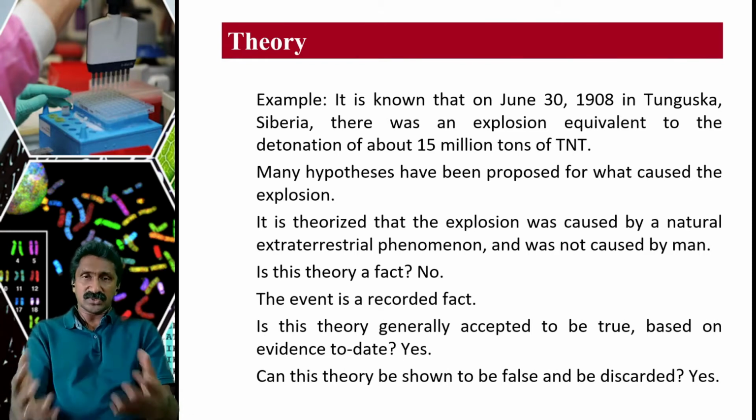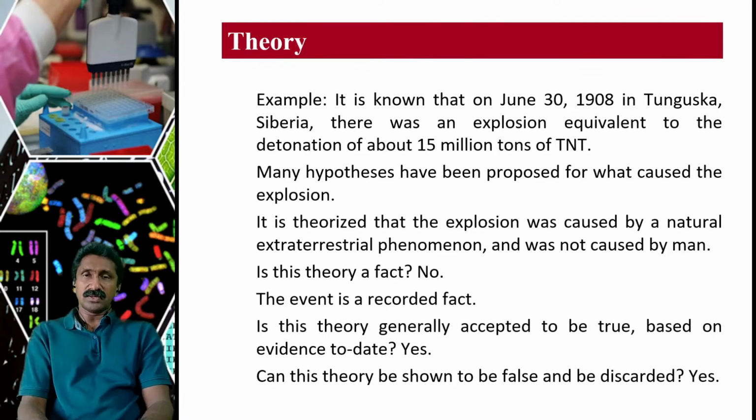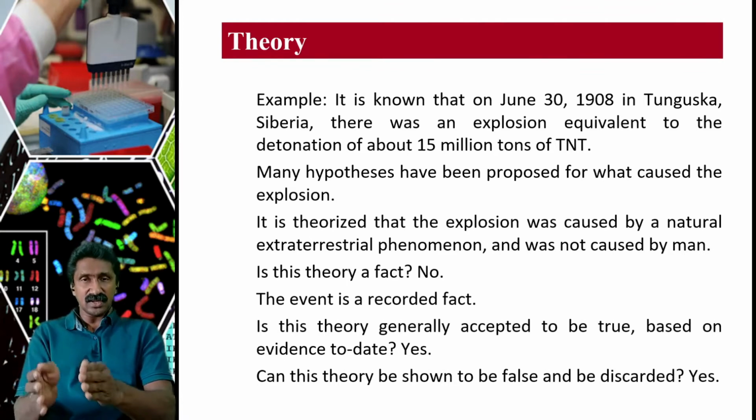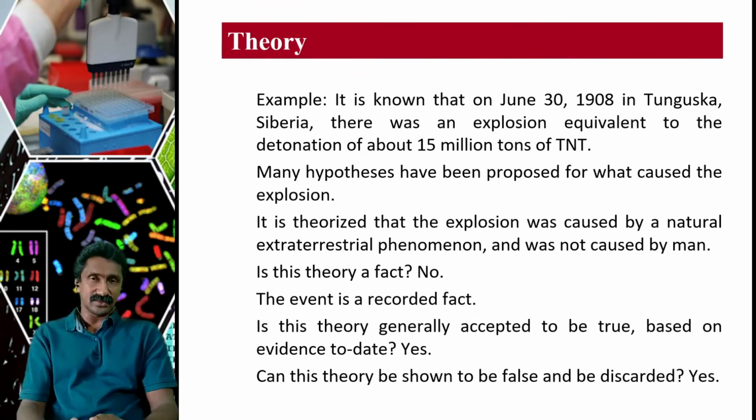Say some hypothesize that it is an extraterrestrial phenomenon that has occurred, but actually it is a fact. The event has happened, but the explanation and the evidence gathered till the date still haven't rejected that theory. So that means the hypothesis still exists.